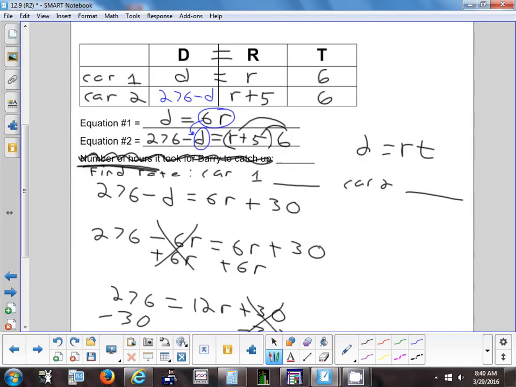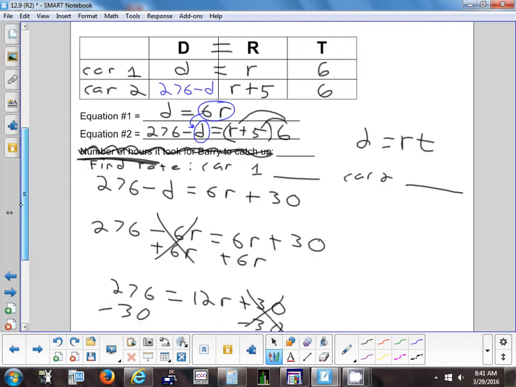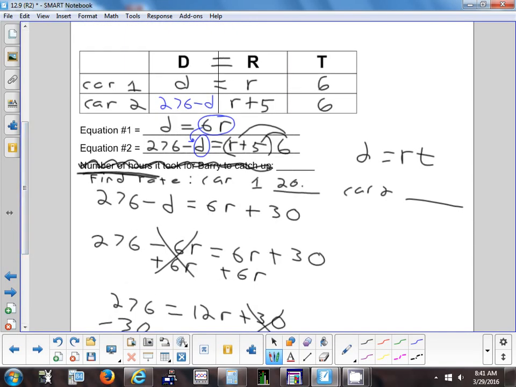Well, we have two cars in this problem. The rate of which one? The rate of the first car. Good. So car 1 is going 20.5 miles an hour. So let's put that right here. The other one will be 25.5. How do you know the other one is 25.5? Because it's just R plus 5. Right. Car 2 is just going 5 miles an hour faster, so it's 25.5.